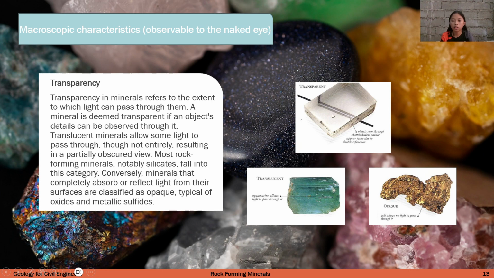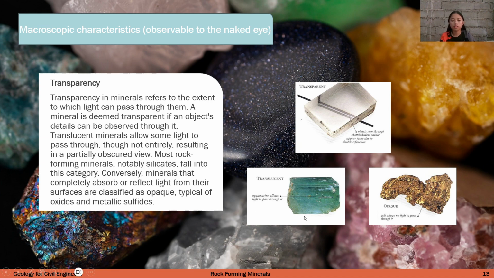Kasi nga transparent. Objects seen through rhombohedral calcite. And so, even though isang line lang yung isang bagay lang ito, pero with this mineral, may makikita tayong dalawa. This is because of double refraction.